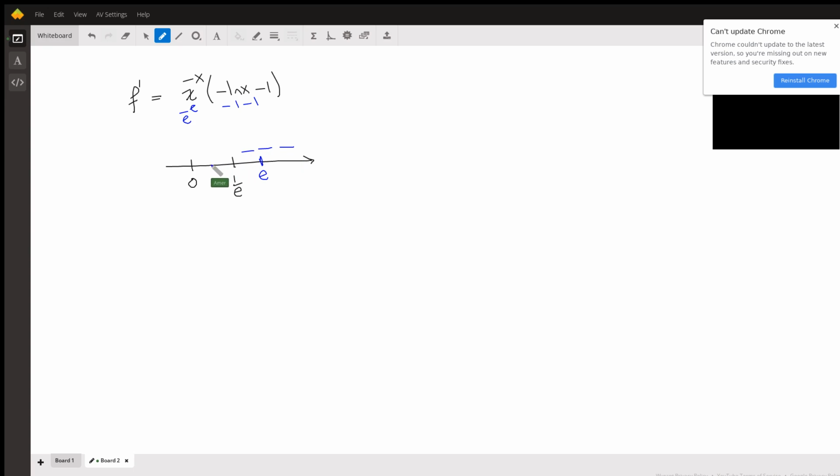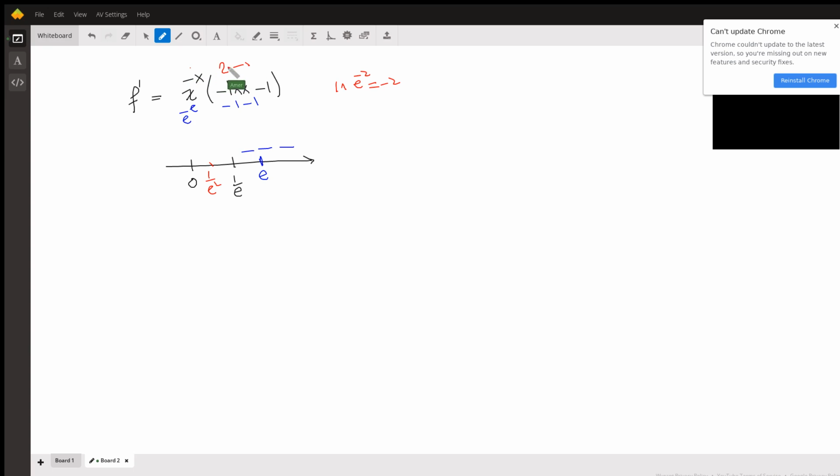And how about the values here? What you can take here, for example, take 1 over e squared. Now ln of 1 over e squared is just minus 2. So minus 2 minus 1 gives 2 minus 1, positive.